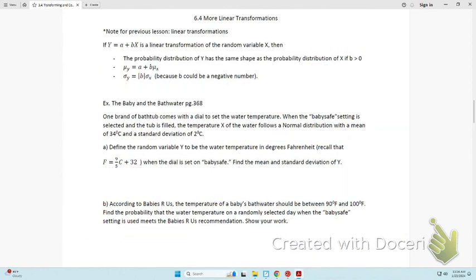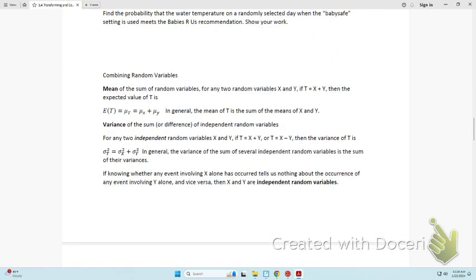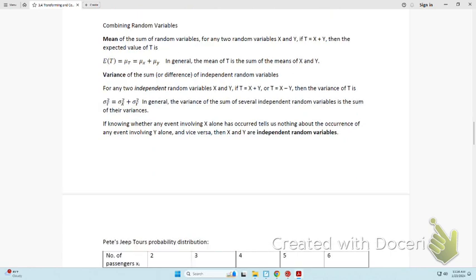We moved on and we talked about the combination of multiple random variables, and this is pretty complicated here. All you do for the mean is very, very simple: you plug in the means.